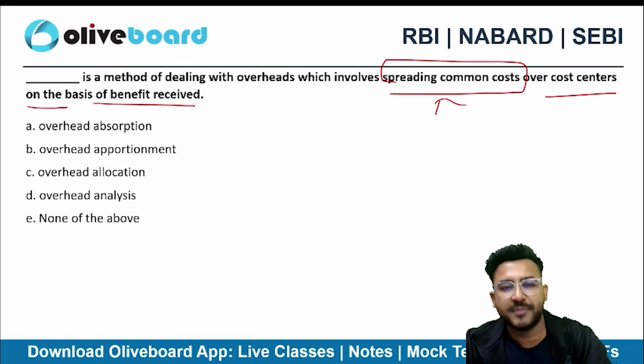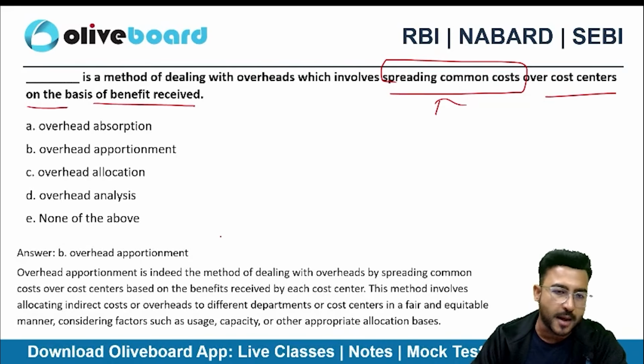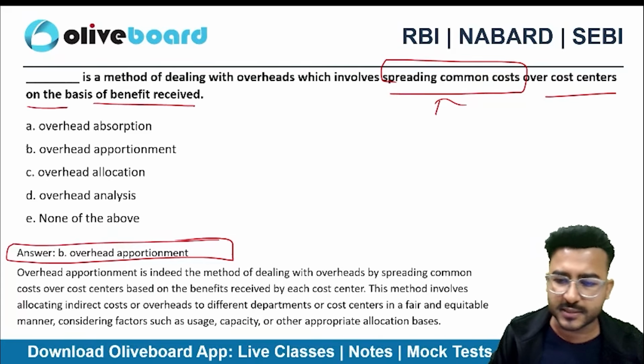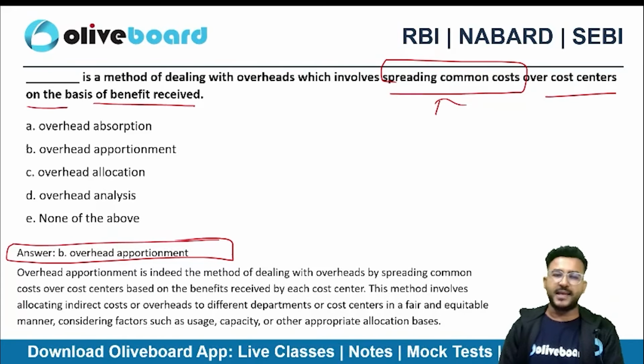That's what apportionment means. Cost apportionment. We discussed this concept, I think we studied it in the very first class of costing. What is the meaning of apportionment?